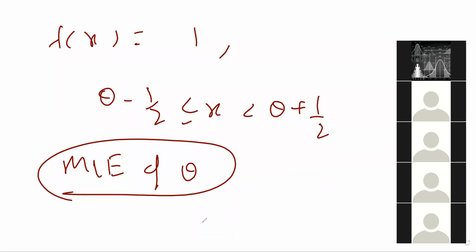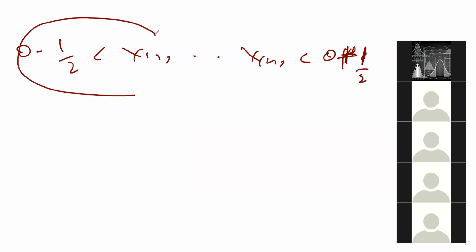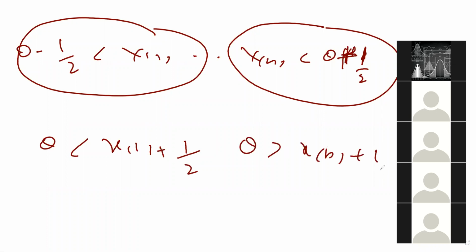Previously only x1 was nearest to theta. Now it is such that theta minus half is at most x1, and xn is at most theta plus half. So this is also an MLE, and this is also an MLE. So I can say that x1 plus or minus half, theta, xn plus or minus half.